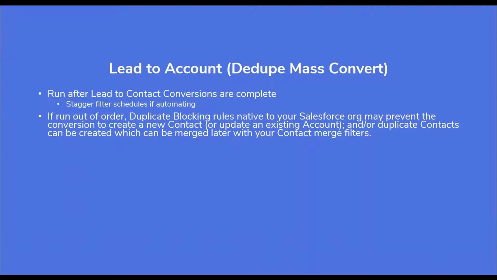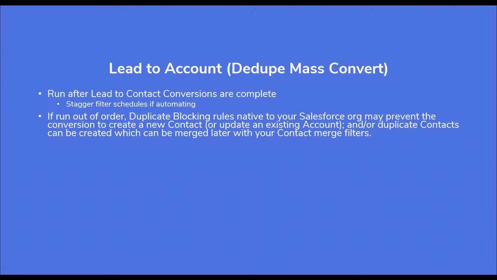And if that's not the case, let's say you have your duplicate blocking disabled, the worst case scenario is it would go ahead and create a duplicate contact, because at this stage, when you're doing a lead to account dedupe filter, we're not looking at the contacts here.